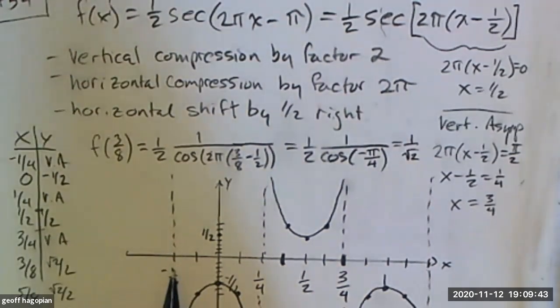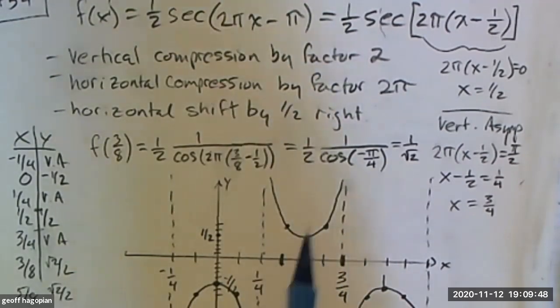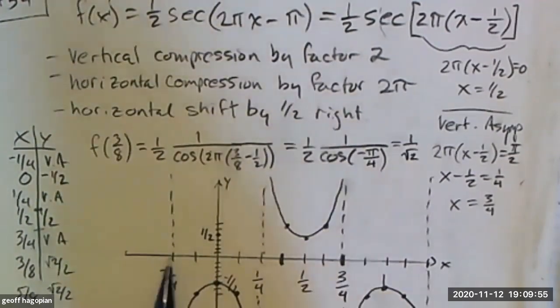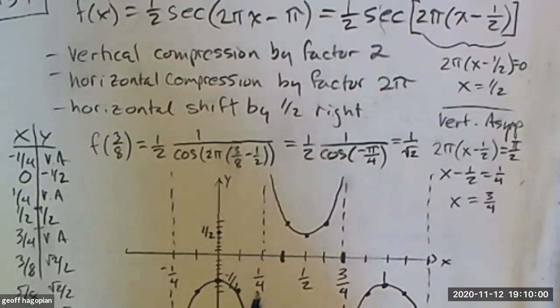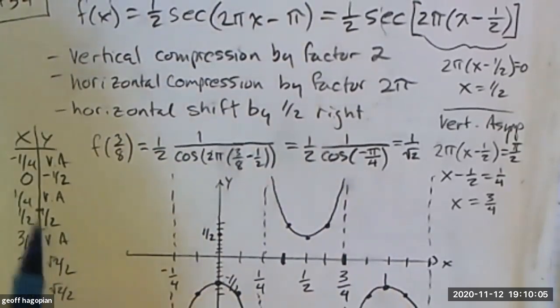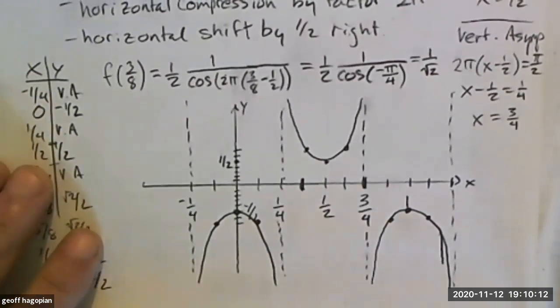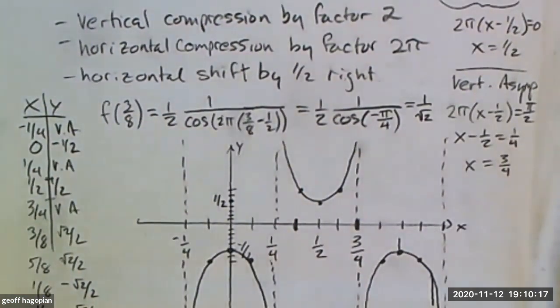And so as you go from -1/4 to 3/4, that's 1 unit of length. That's a complete waveform for the secant function. You're going to have asymptotes at -1/4 and 3/4, then halfway in between you'll have another asymptote at 1/4. So what I did was find the vertical asymptotes and look at the midpoints between those. That's where your max and min for the secant function will occur. And that was that.